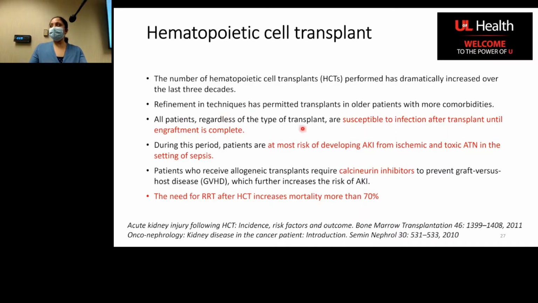All patients, regardless of the type of transplant, are really susceptible to infections in the first few days after the transplant until the engraftment is complete. And that is the time when they are at most risk of developing AKI from ATN in the setting of sepsis. Some of these patients may also be on calcineurin inhibitors to prevent graft versus host disease, so that further increases the risk.